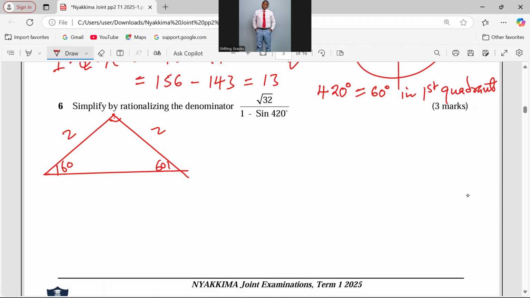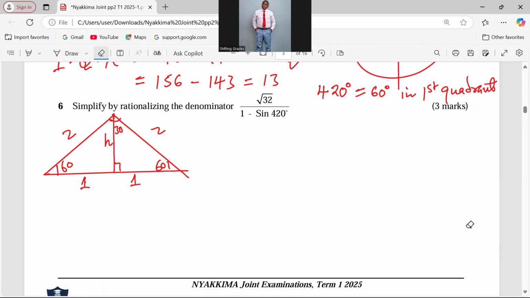But now if we choose to bisect this particular triangle, I will have, instead of 2 units, 1 and 1. And again, I will have 30 instead of 60 up there. So this has become right angled, and we can also get the opposite length here. What about this height? How do we get it? So let's calculate that height.